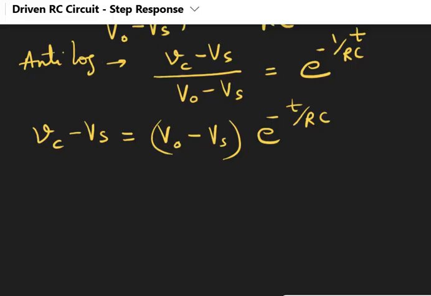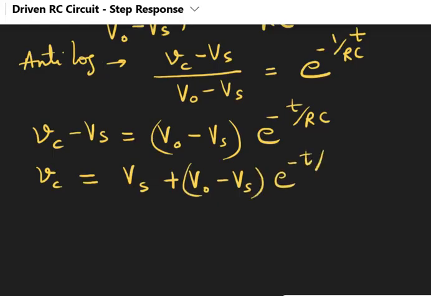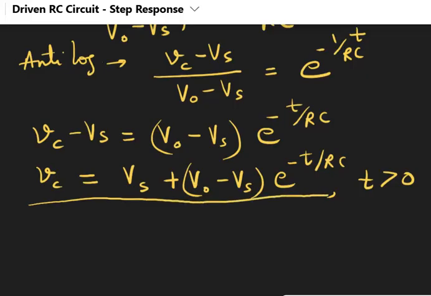Finally the voltage across the capacitor will become Vs plus (V0 minus Vs) e to the power minus t by RC for t greater than 0.